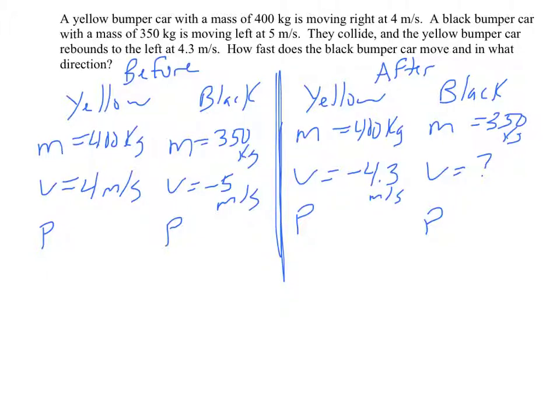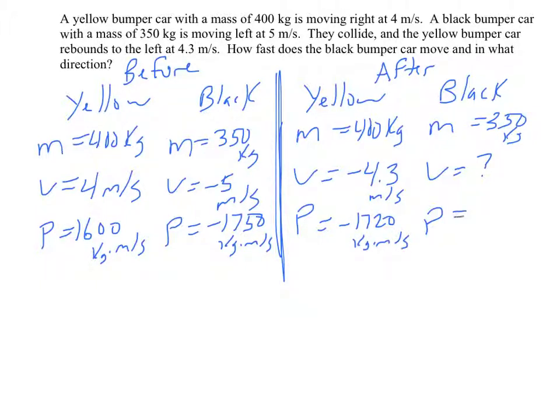So the momentum of the yellow car before, 400 times 4, is 1,600 kilogram meters per second. The momentum of the black car before, 350 times negative 5, is negative 1,750 kilogram meters per second. And the momentum of the yellow after, 400 times negative 4.3, is negative 1720 kilogram meters per second.